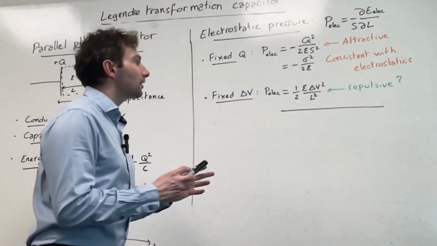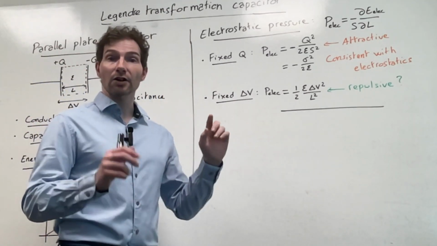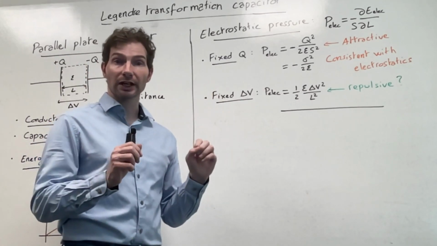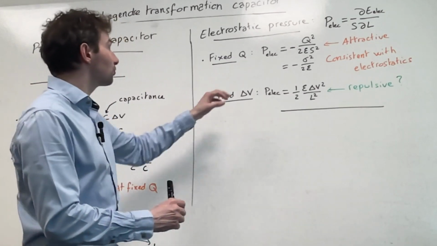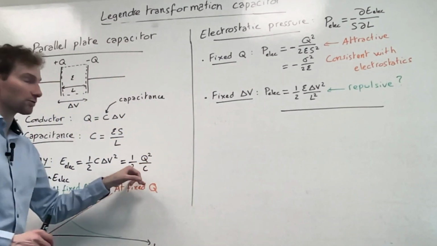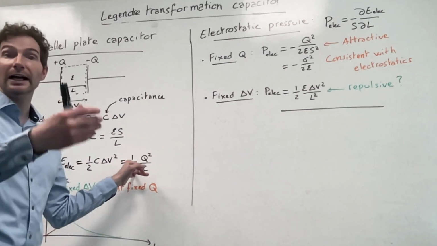Here, we are going to assume that the real one we want to look at, the one that seems okay from a physics standpoint, is this electrostatic energy, insofar as we are willing to vary L as well.